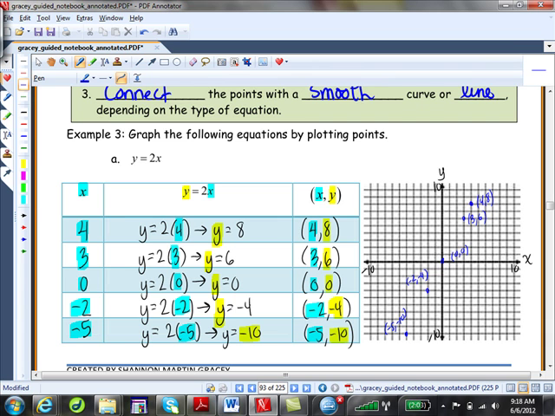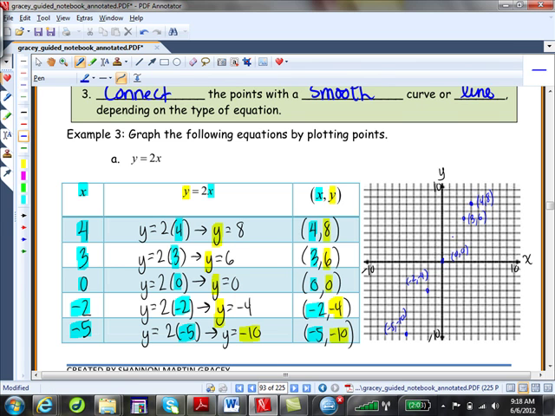All right, so if you see, they all seem to fall on the same line. So now it's good to take a straight edge to go ahead and do your line. I'll do the best I can on here.